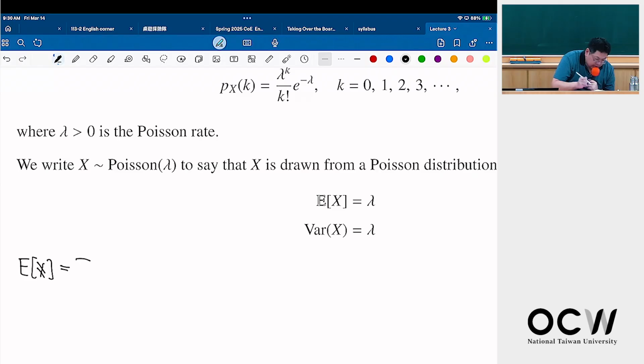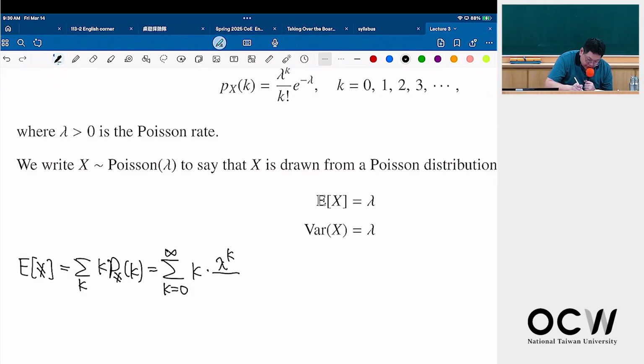For the expectation, consider all possible outcomes times their weightings. That is k from 0 to infinity, k, and then the PMF, Poisson rate to the k, divided by k factorial, e to the minus lambda.